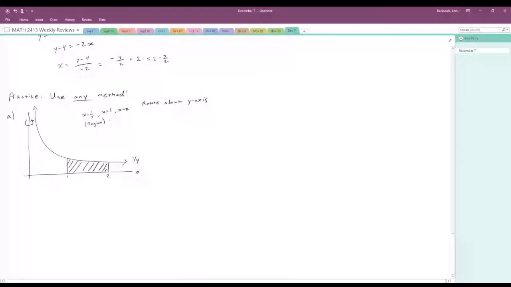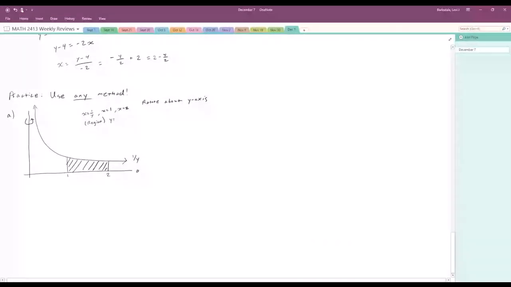And of course, y equals 0. All right, I will give you guys a few minutes to work through that. And I will say that one method is definitely easier than another here.